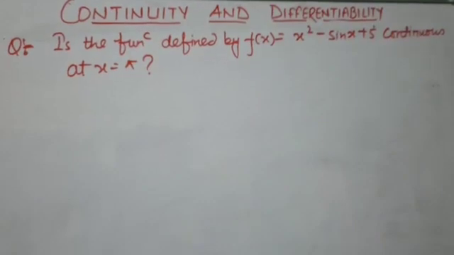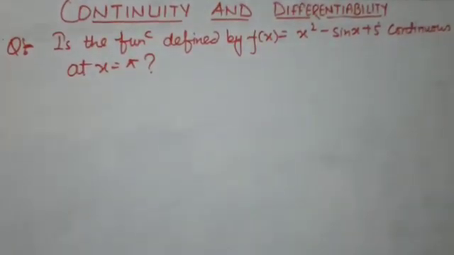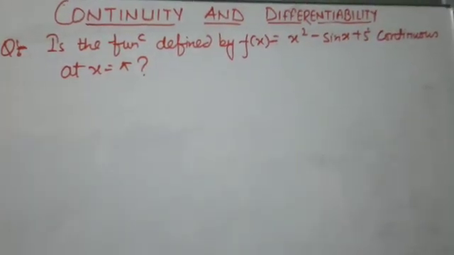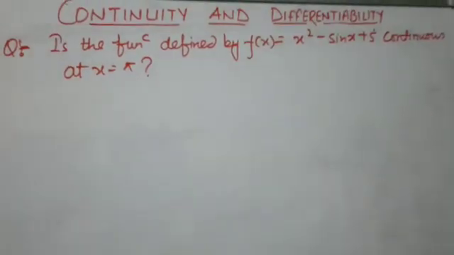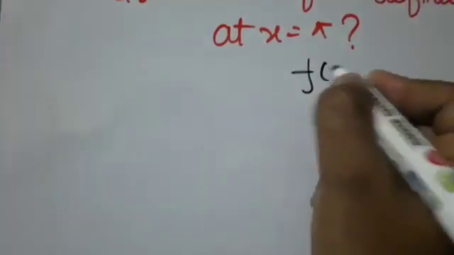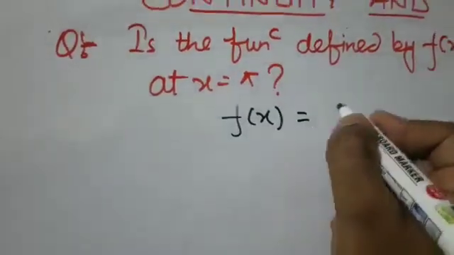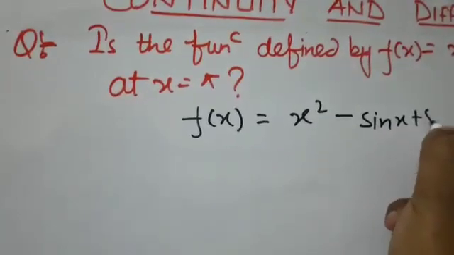Now, our next question: is the function defined by f(x) equal to x square minus sin x plus 5 continuous at x equal to pi? Let's start. We have the function f(x) equal to x square minus sin x plus 5.